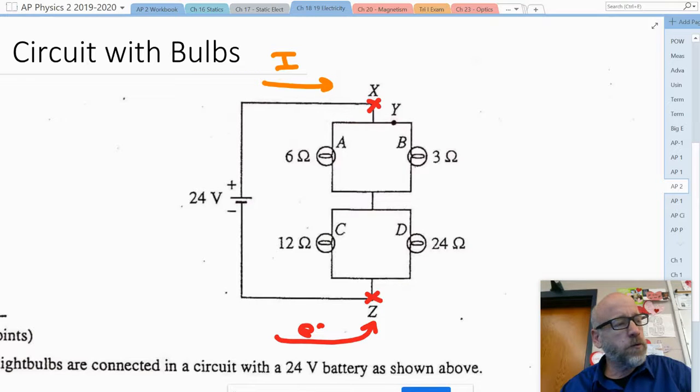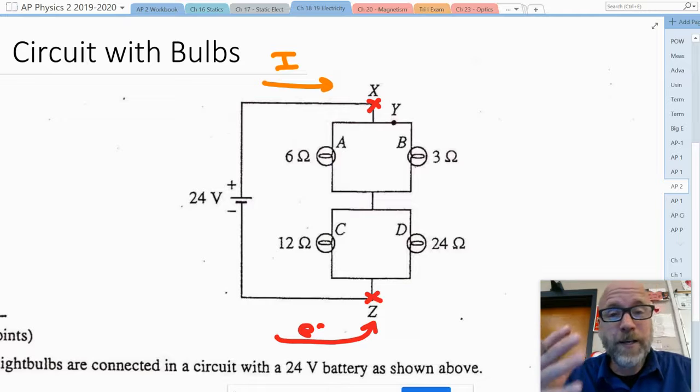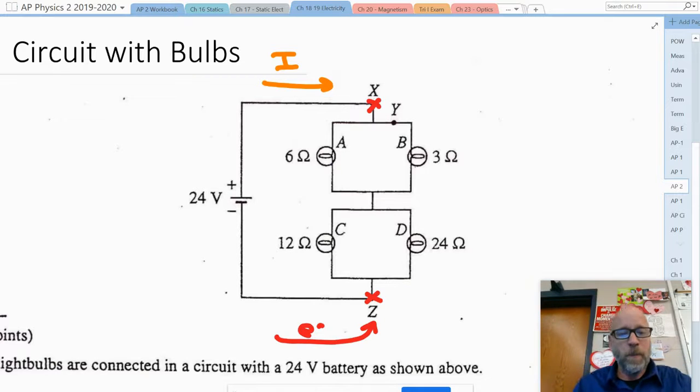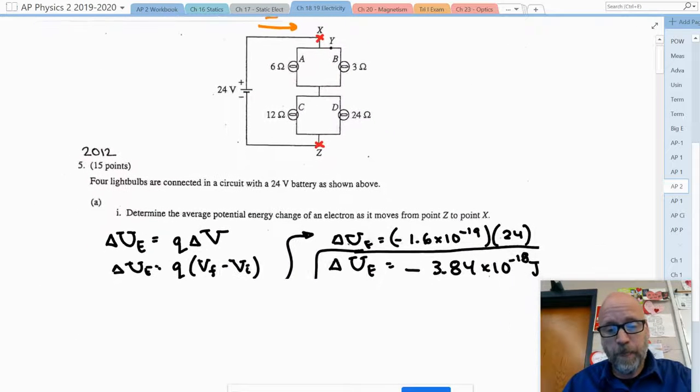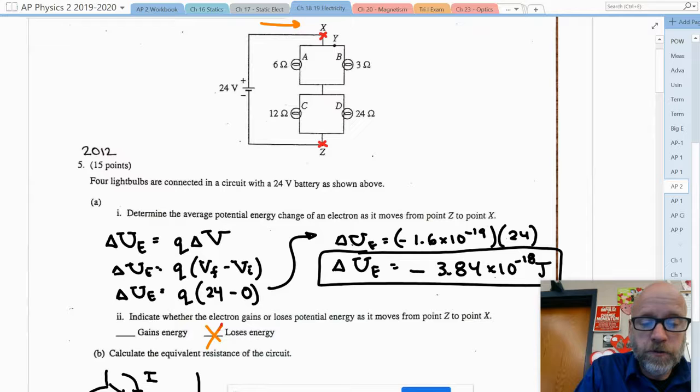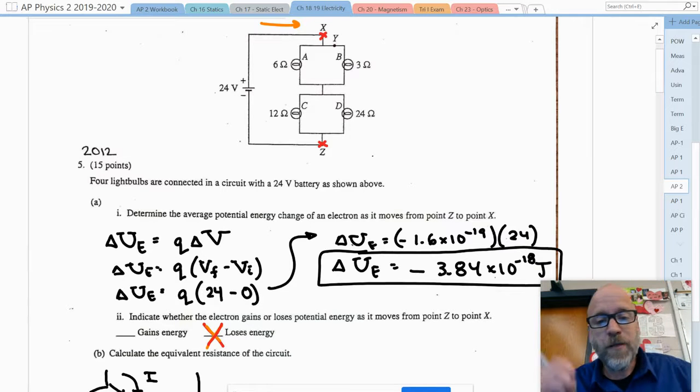Is it going to lose potential energy or gain potential energy? It's obviously going to lose potential energy because it's going to convert that potential energy into light and heat. That's what light bulbs do. So before I do the math, I know that that electron is going to lose potential energy. So I know I should have a negative sign in my answer.